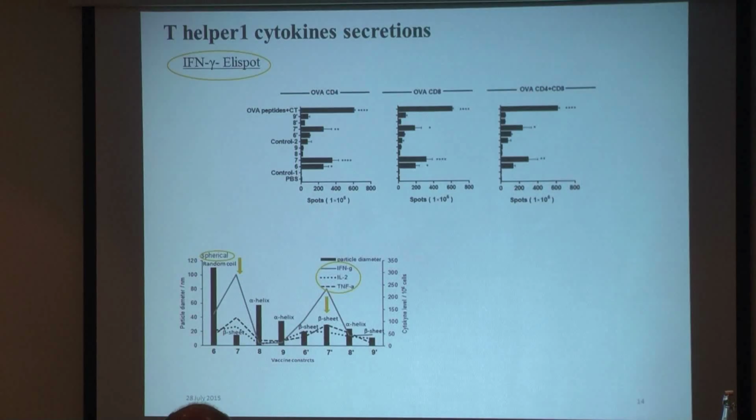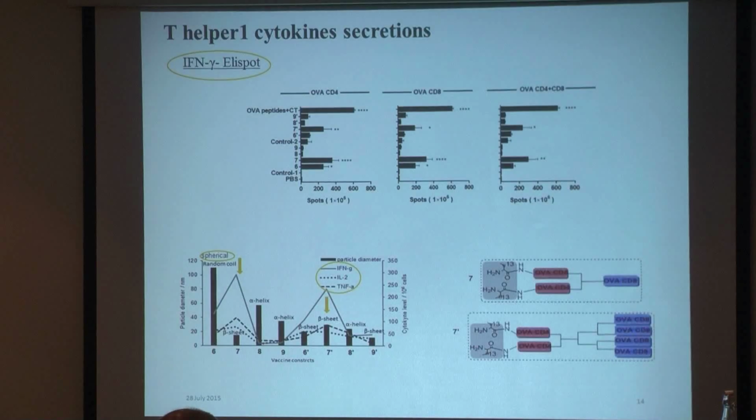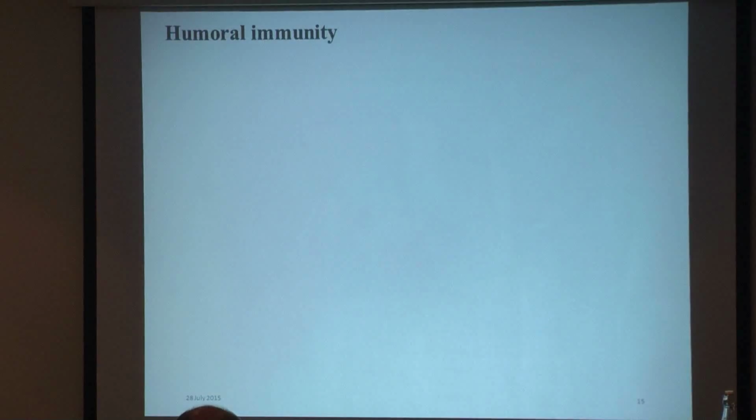And also we look at IL-2 and TNF-alpha, as other important cytokines for T helper 1 immunity, by CBA assay, and all of them showed that again constructs 7 and 7 prime had the same profile for the higher interferon gamma production. So these are constructs 7 and 7 prime. Both of them have lipid at the N-terminus and long fibrillar beta sheet structures.